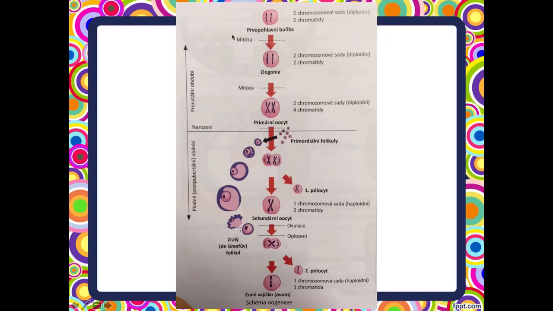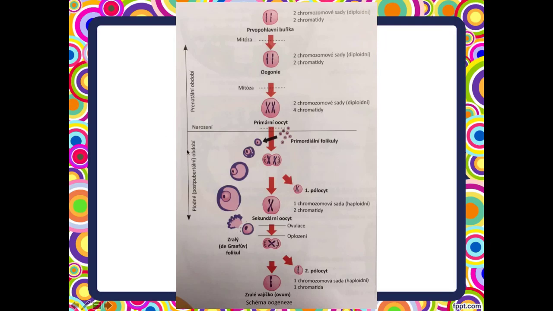So about fifth to seventh month of the fetal development, there is the highest number of the oogonia within the ovaries of the fetus. It's about 5 million, and then the number only decreases by a process called atresia.